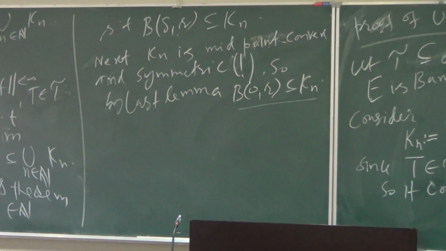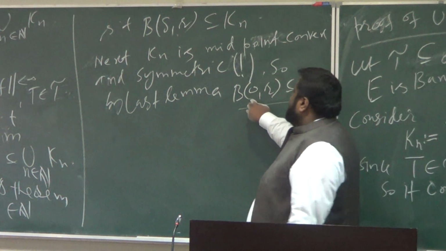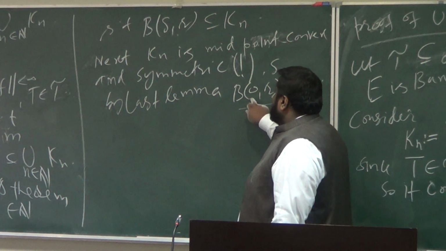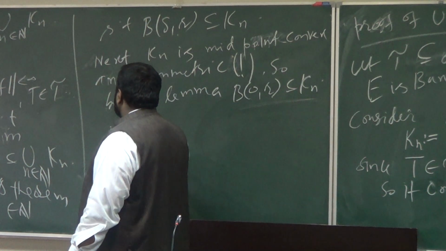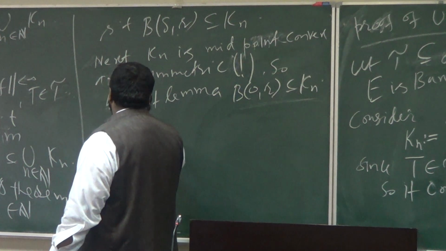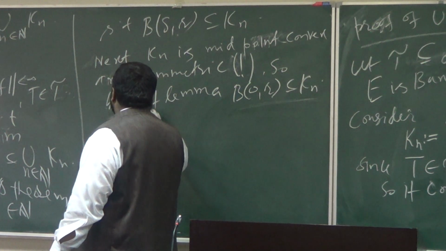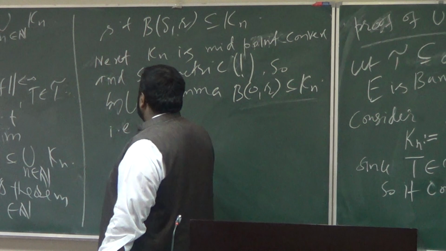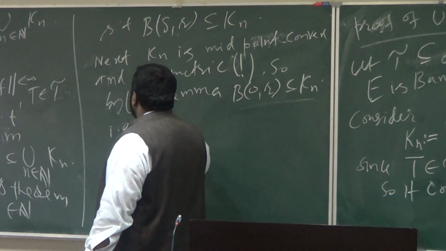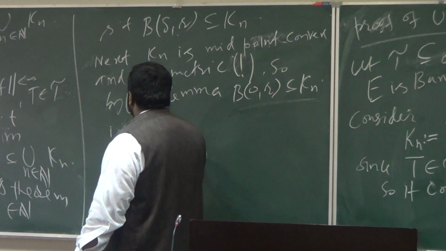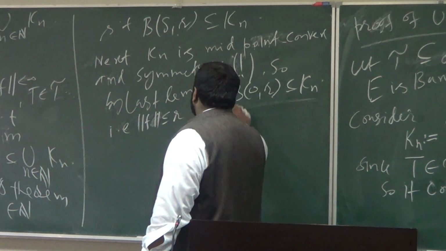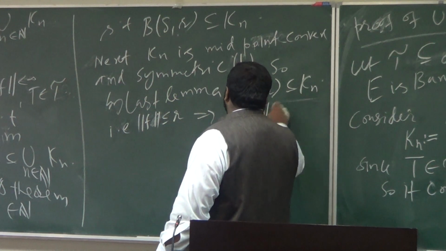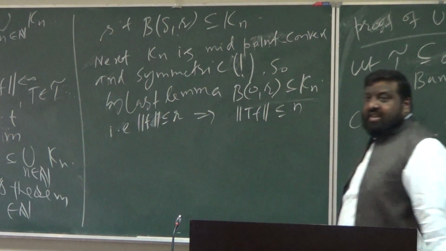What would be the meaning of this? So what does this mean? This means that for every f for which the norm of f is less than or equal to r, we have norm of Tf less than or equal to n, right?